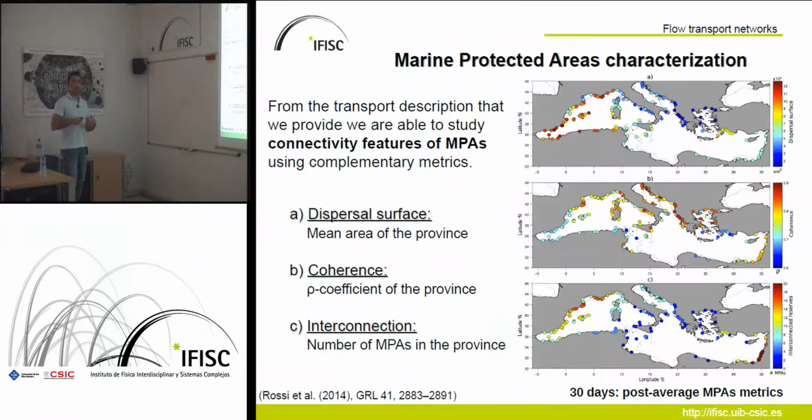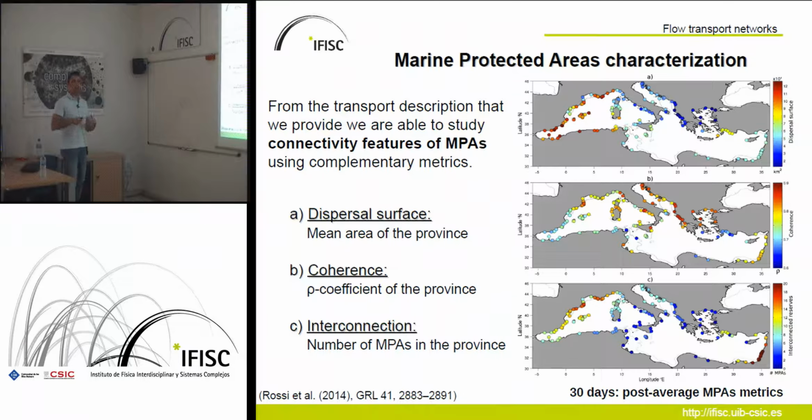Well, now we focus on how to divide the ocean into regions that result to be isolated. Now we are going to look at the opposite thing. So understand the connections, okay?